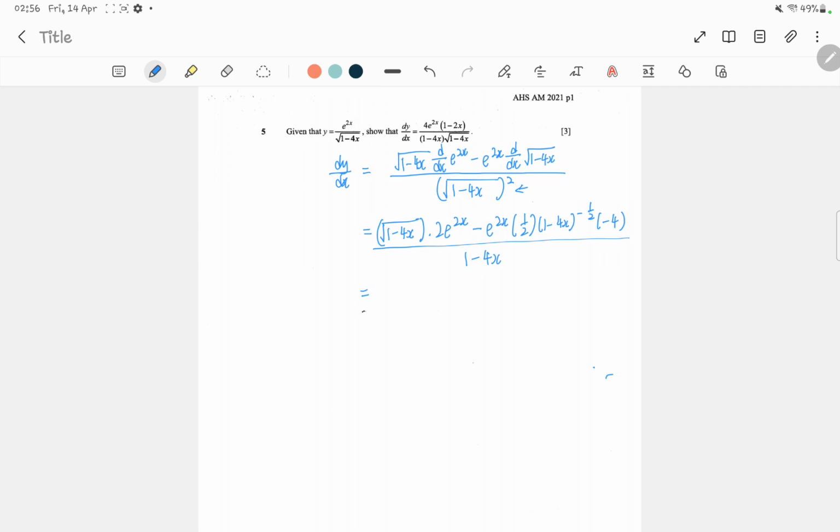Now I can take out the e to the power of 2x.